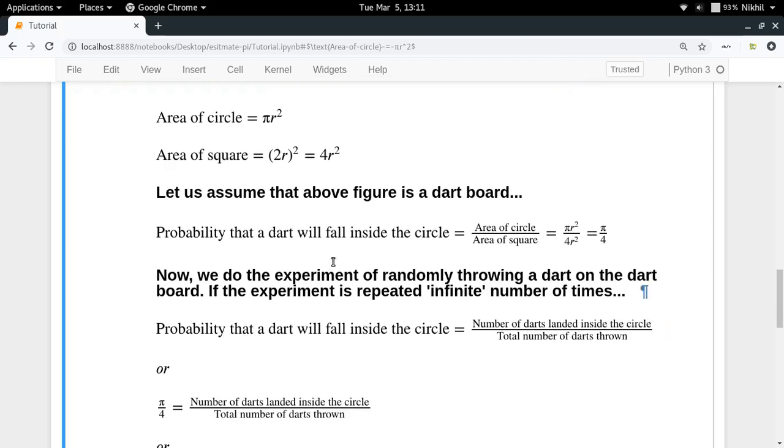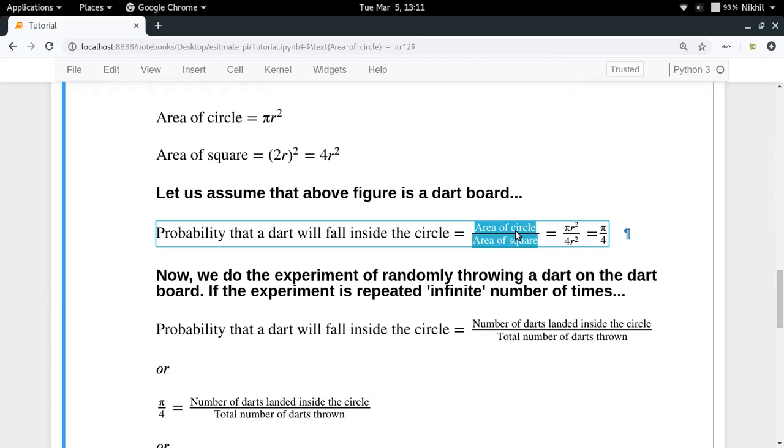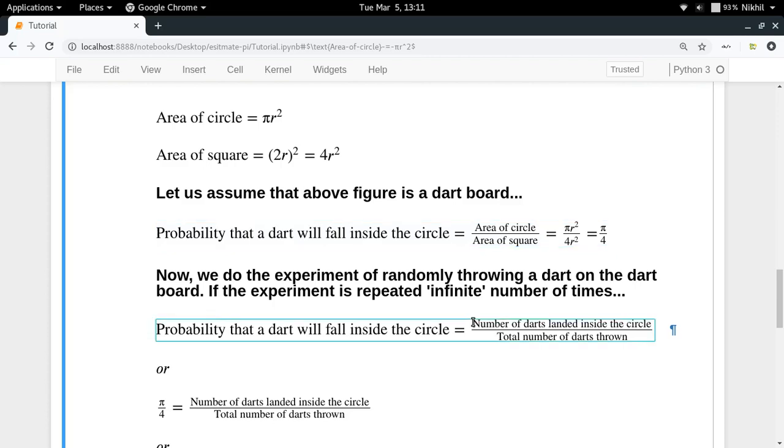So there are two ways of specifying the probability. The first one was the concept of area: you divided the area of the circle by the area of the square. The second way is, if you repeat your experiment an infinite number of times, the number of darts which landed inside the circular region divided by the total number of darts thrown.